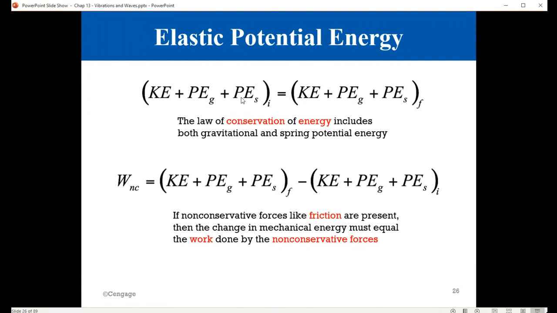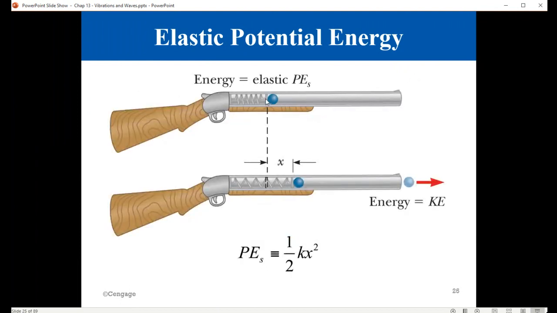We see here three terms to calculate the total mechanical energy: the kinetic energy, the potential energy due to gravity, and the potential energy due to elasticity. So these values in the initial position here are equal to the values in the final position here.